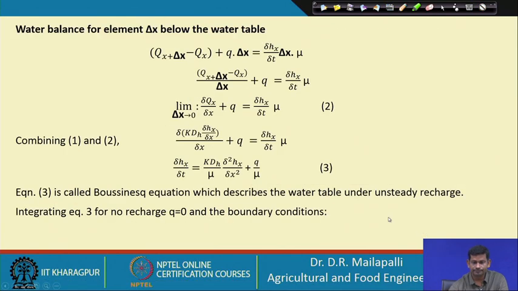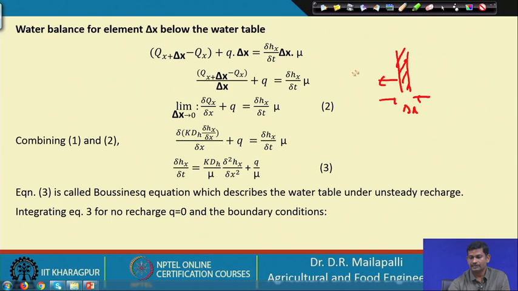Then, if you use the water balance for the element delta x, this is the element, and here is q x and at this point q x plus delta x, and let us say this is a q. The water balance is input minus output.